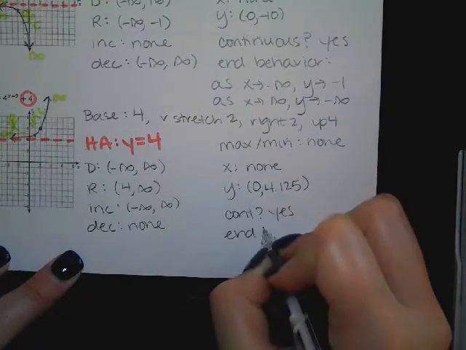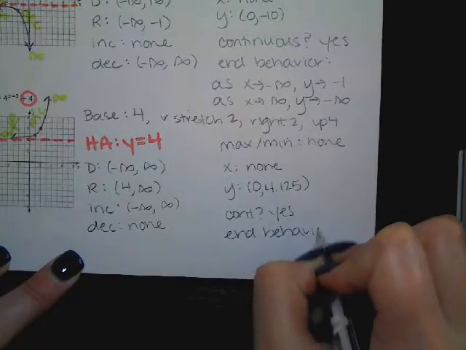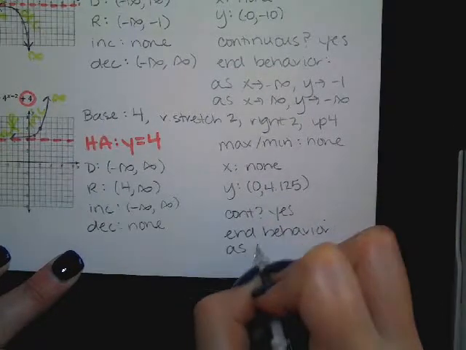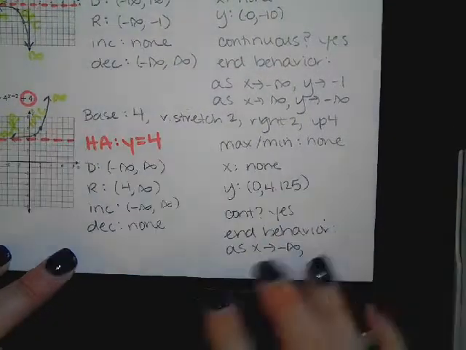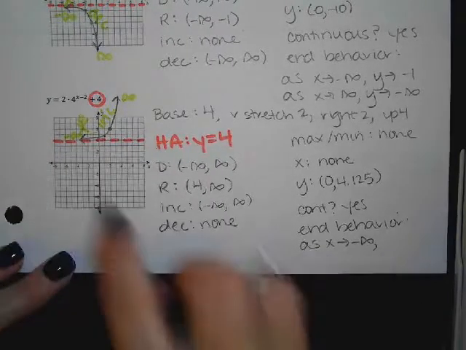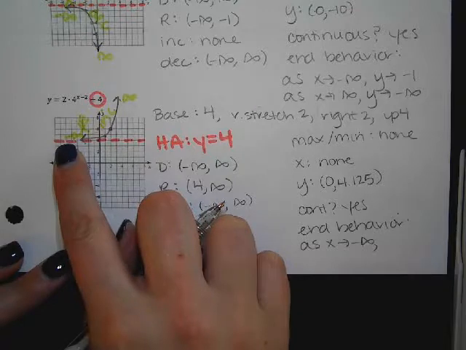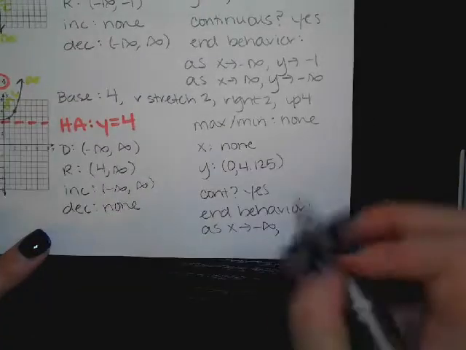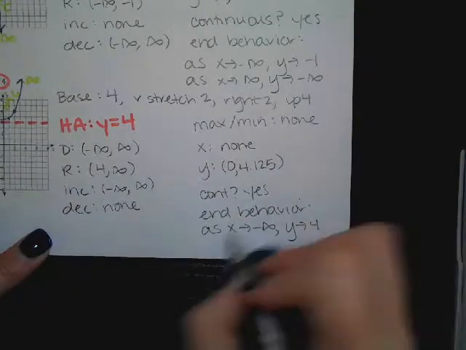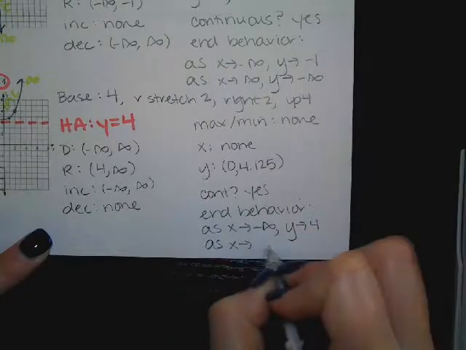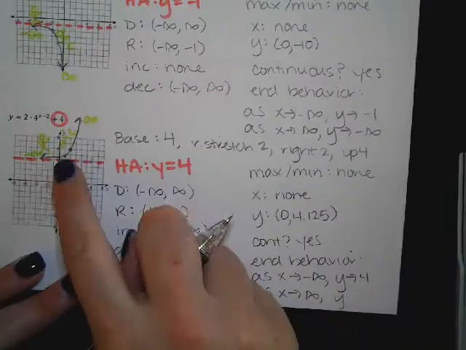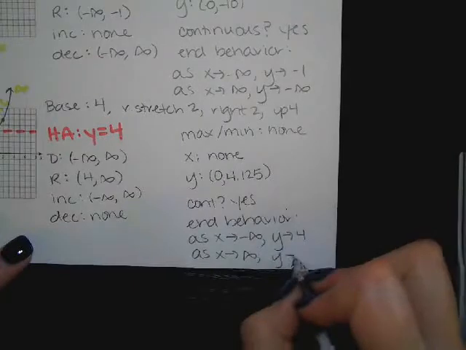And then for our end behavior, as x goes to the left, when I look at the left side of the graph, I can see that it's getting closer and closer to that asymptote, which is a y value of 4. So as we go left, y goes to 4. As we look to the right, y goes up forever, so y goes to positive infinity.